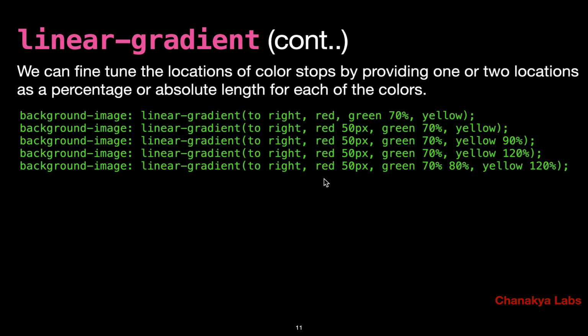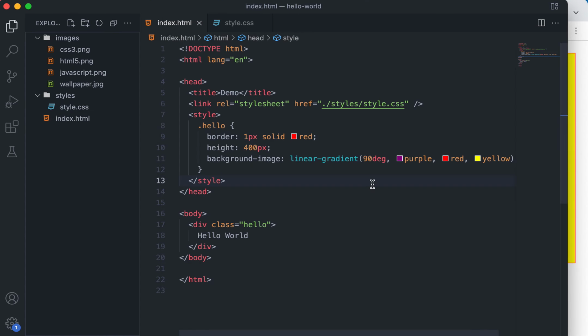So for that, the syntax is that after the color, you can put a percentage, which is where you want to put the actual middle point of that color. So let's say I want to put red at 25%.